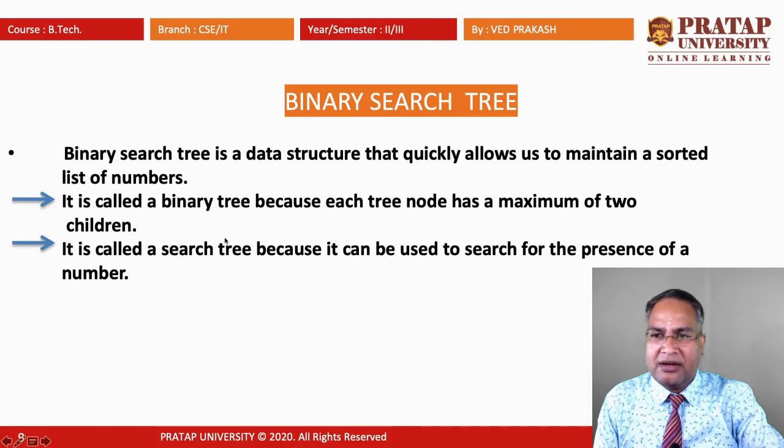First reason is that it is called a binary tree because each tree node has a maximum of 2 children. And second is that it is called a search tree because it can be used to search for the presence of an element or data in a tree. So these two reasons basically define such a tree as a binary search tree.